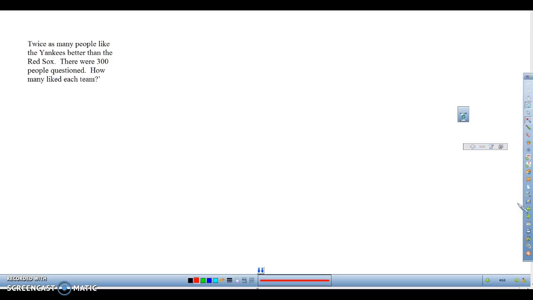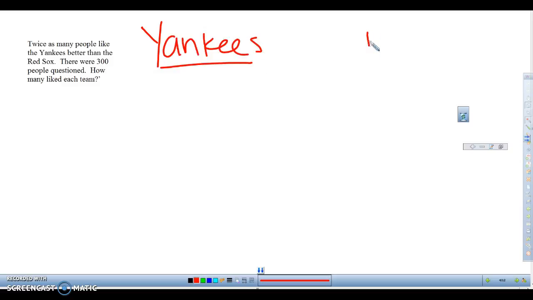Twice as many people like the Yankees over the Red Sox, which should be accurate. There were 300 people questioned how many like each team. So again, I'm going to make my organized list. I'm going to have the Yankees, and then the Red Sox.